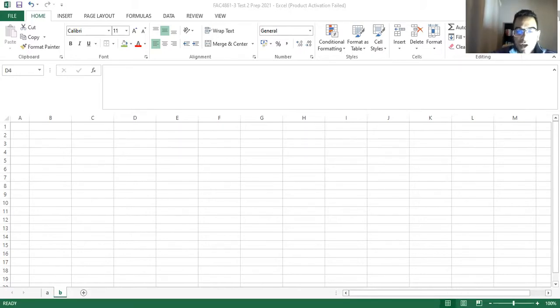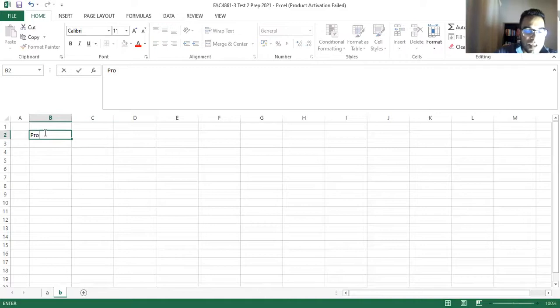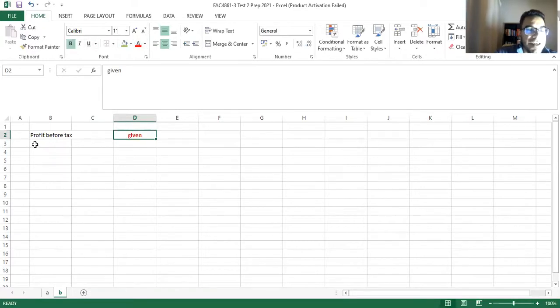Okay, so we're going to start off with the profit before tax, and this amount is given. Then we're going to deal with point number 1.